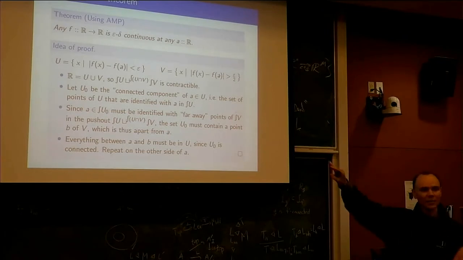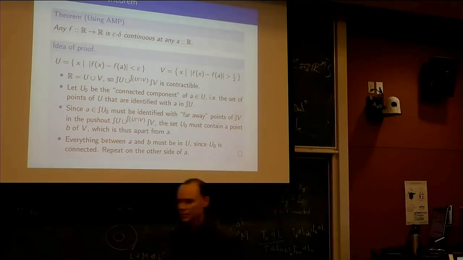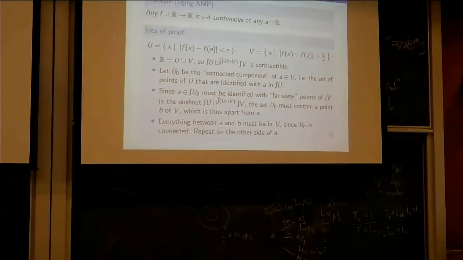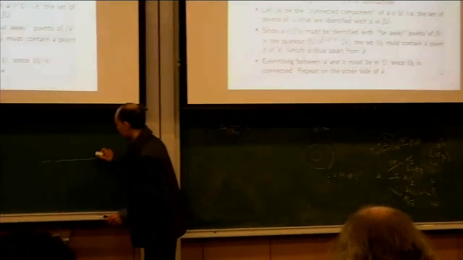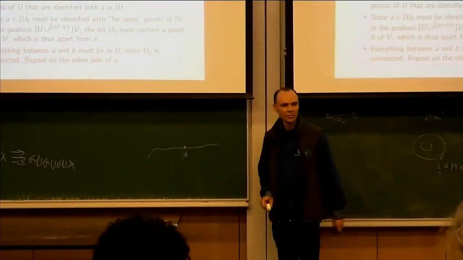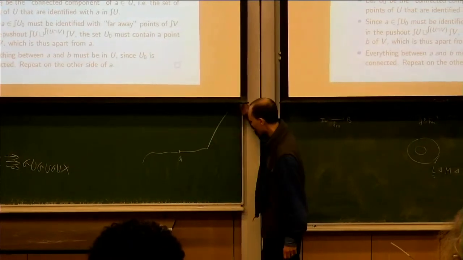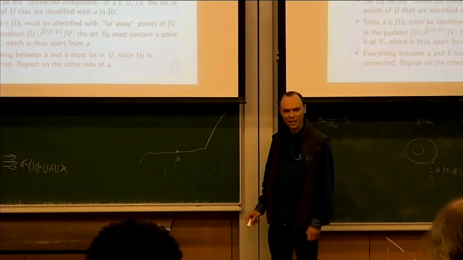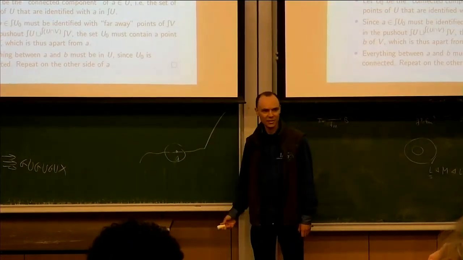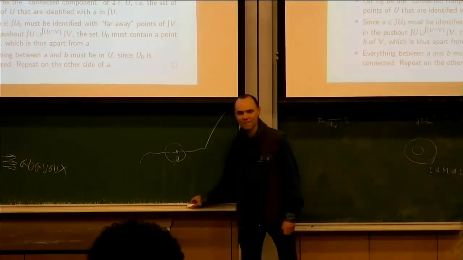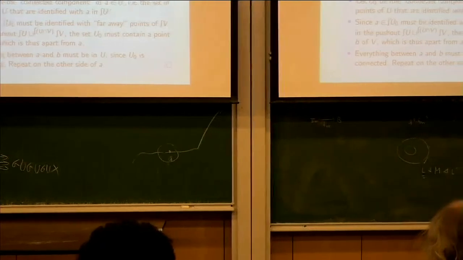I say I can modify F to make sure that V is not empty. But F could be constant. Right, F could be constant, but I can modify it to make it non-constant. Because I'm only interested in what F does near A, in order to show that it's continuous. So I'll just say way over here, I'm going to change F so that it does that. And that doesn't change whether or not F is continuous, but it allows there to be some sort of weird behavior there. Okay, yeah. That's kind of weird.